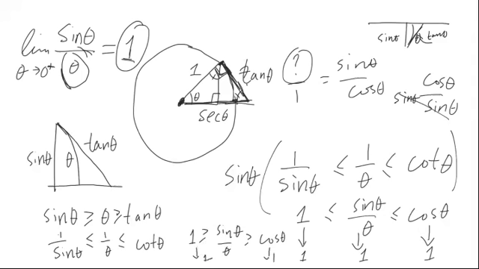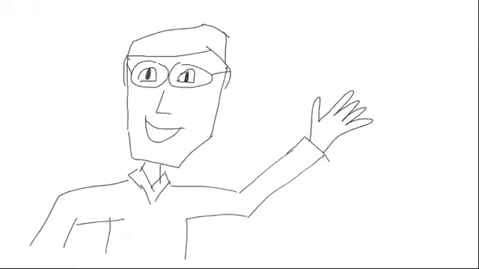So this is still going to 1 on both sides. So this really works. We drew the picture for the right-hand limit, but it still works in either case. And we get that this limit right here is equal to 1 by sandwiching. Thanks for watching.